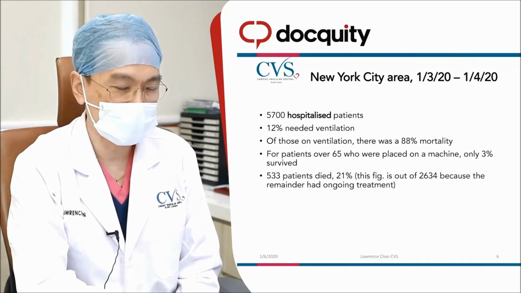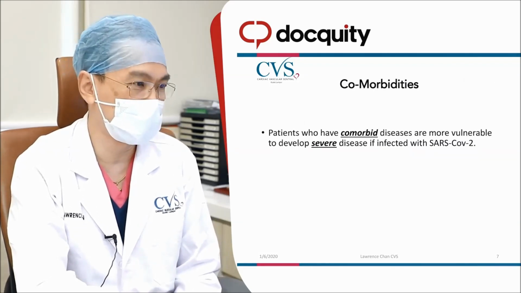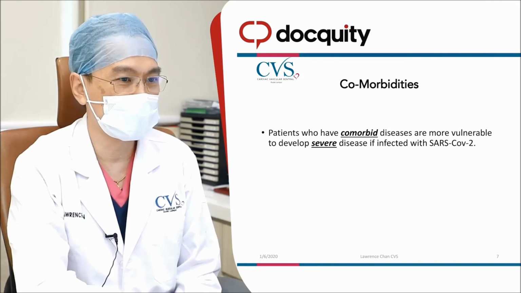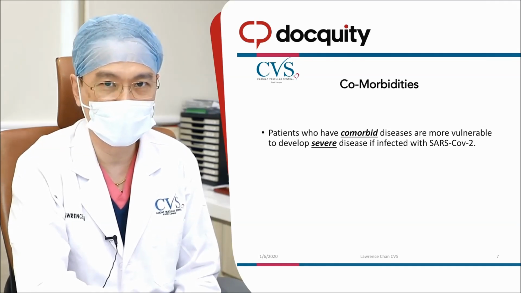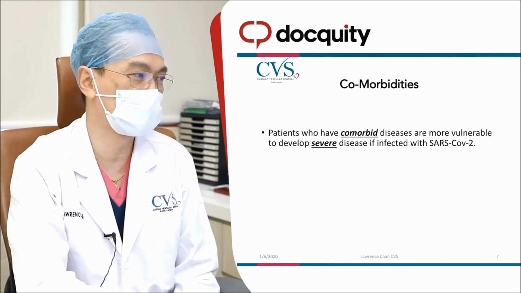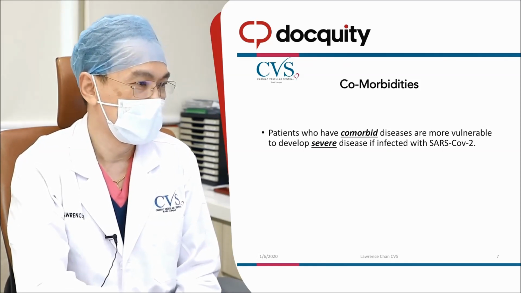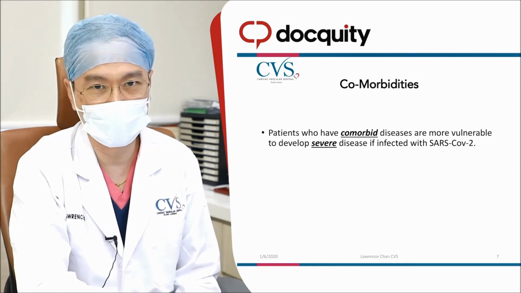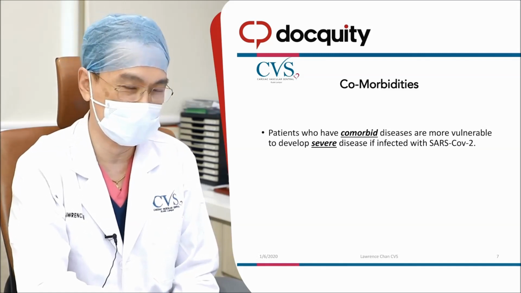So what did we find? We found that a lot of the patients with severe disease had other diseases pre-existing. So we call those comorbidities. And the more comorbidities there were, the more severe the disease.